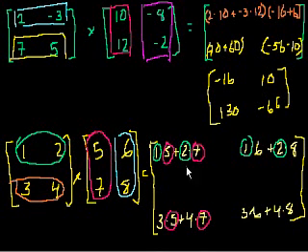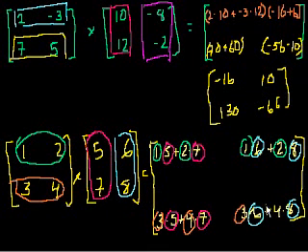This was in column 1 in the second matrix, and this is in column 1 in the product matrix. Similarly, the 6 and the 8, that's this 6 and this 8, and it's used here, this 6 and this 8. And finally we have this 3 and this 4 in the brown, so that's this 3, this 4, and this 3 and this 4.